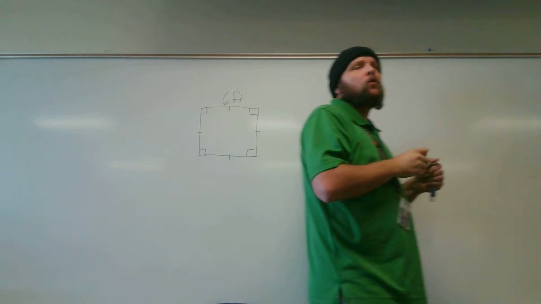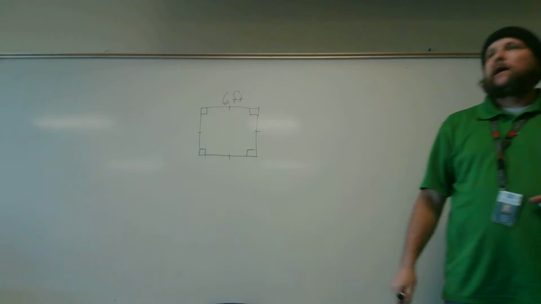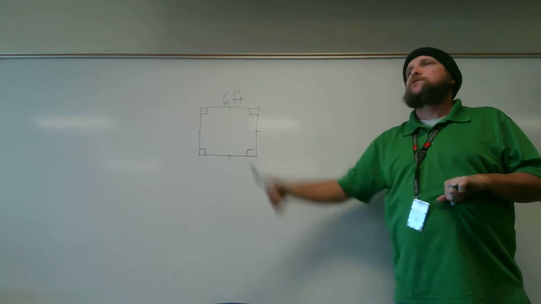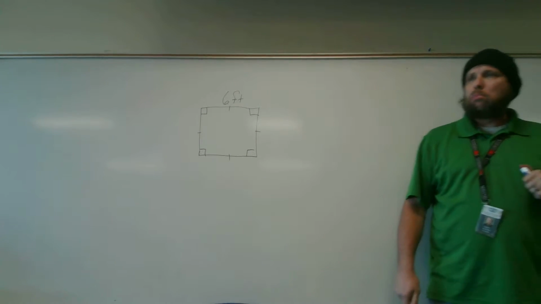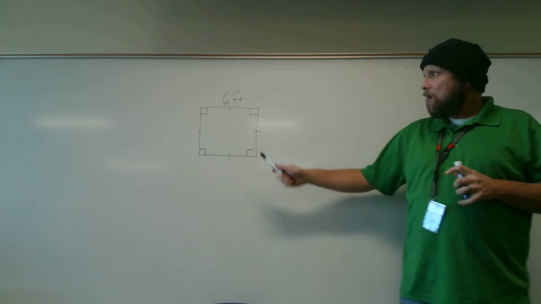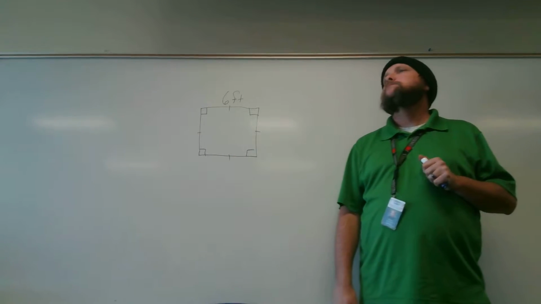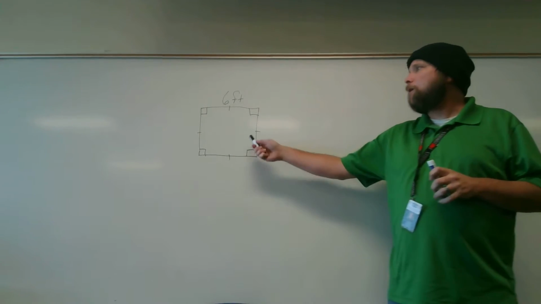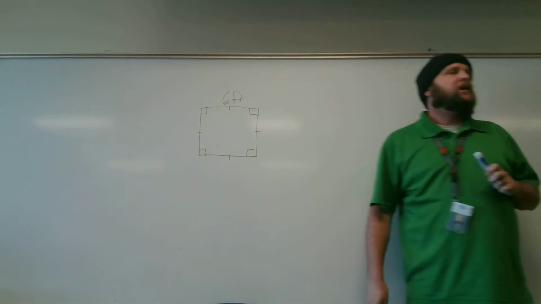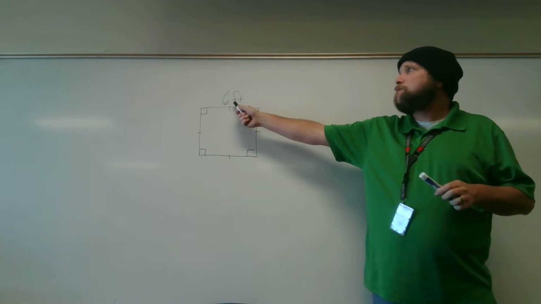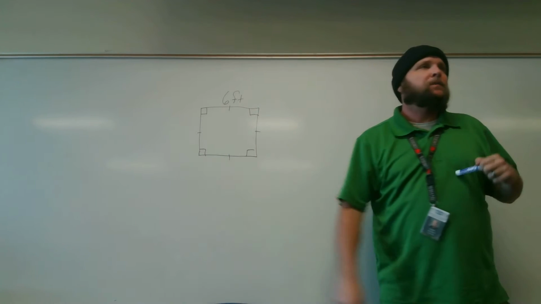Okay, how do we know, Preston, that this is a square? How do you know all the sides are the same? Good, they all have one hash mark. That means they're all the same. Since this one is 6, then they all need to be 6.